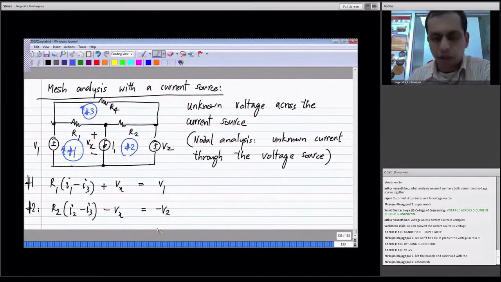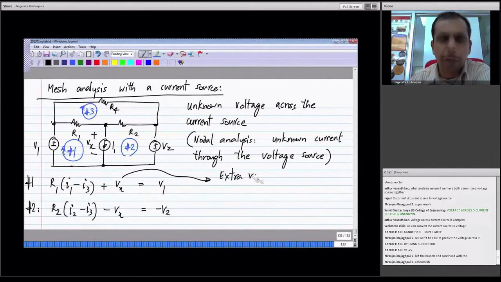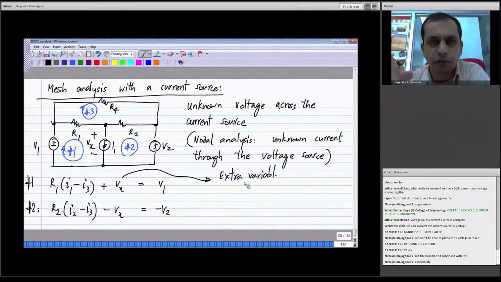So now what we have is an extra variable. Now to solve for the extra variable, we need an extra equation. By the way, the equation for mesh number 3 remains exactly as it was before, because mesh number 3 is not modified in any way by adding this current source.